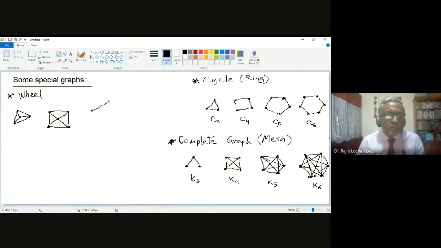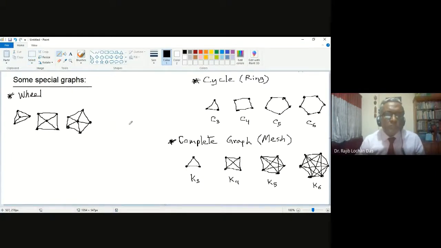So there may be 5 points in the boundary and 1 point in the middle, and the boundary points are also connected. And you may have 6 points in the boundary line and 1 point in the middle.